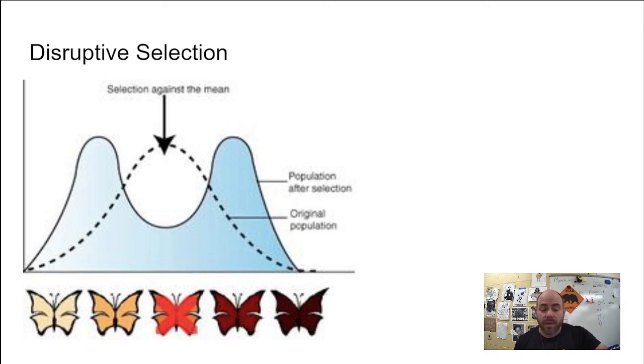But the hybrid between dark and light is this orange color, and they don't mimic anything. Birds eat them. They love them. And so in this particular case, the average of the 2 is selected against, meaning the birds are eating them. The extremes then are selected for, showing that those in the extreme cases are going to live, and those butterflies in the middle are not going to make it.